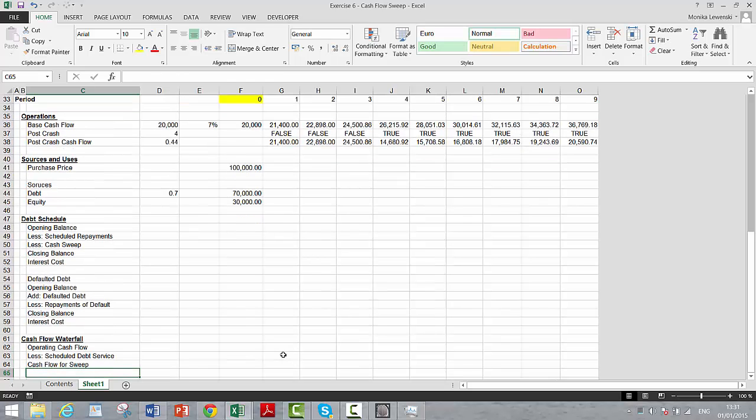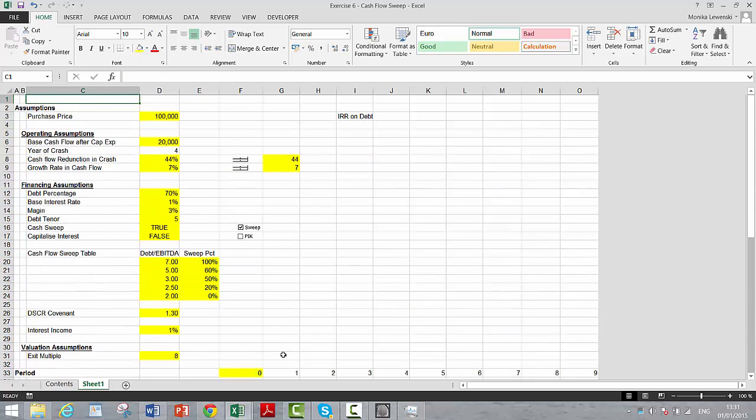Now when we do the cash flow sweep, that's going to depend on what our debt to cash flow is. I see why I put in a much higher terminal value multiple, because it's really cash flow, not really EBITDA. Maybe that's okay.